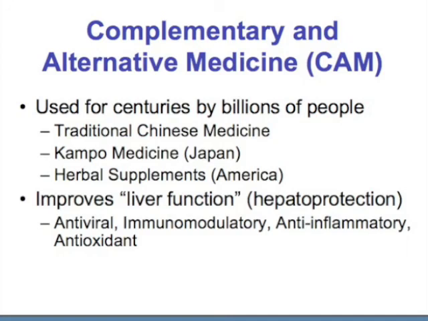Many people take these things because they're thought to improve liver function, what we call hepatoprotection, which can involve antiviral, immunomodulatory, anti-inflammatory, and antioxidant activities. And one could argue that because these are all botanical extracts containing a mix of botanical chemicals, there's a potential to hit both viral and cellular targets with one botanical extract.